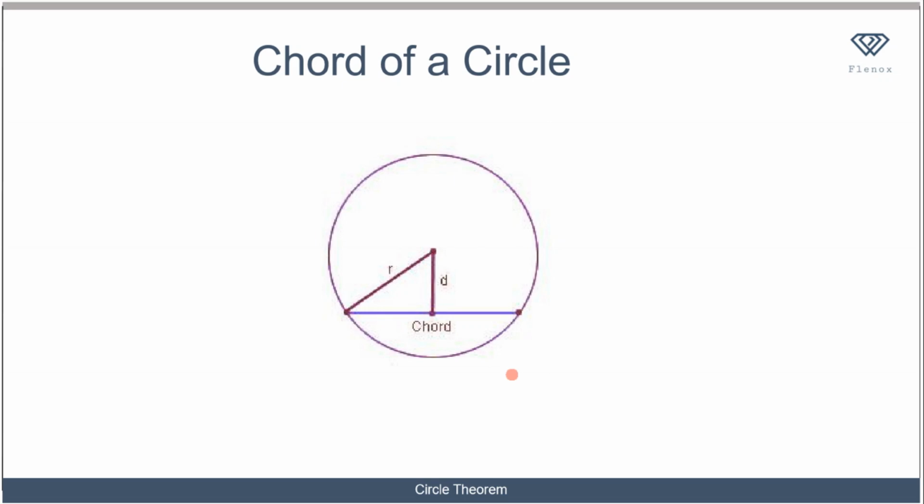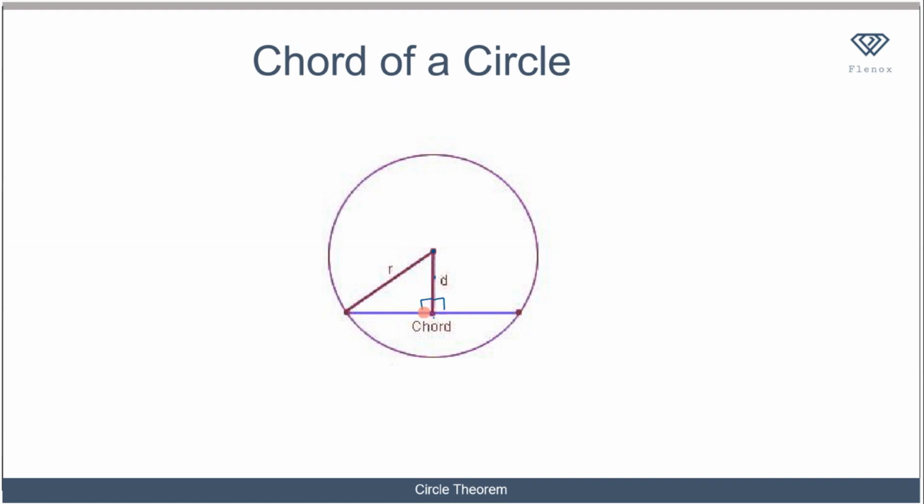So let's talk about the chord of a circle. When I draw a circle, as you can see here, and I have a chord, this line over here represents the chord. If I draw a straight line from the center of the circle to cut the chord into two equal halves, then the angle between the chord and that line is going to be what? 90 degrees.